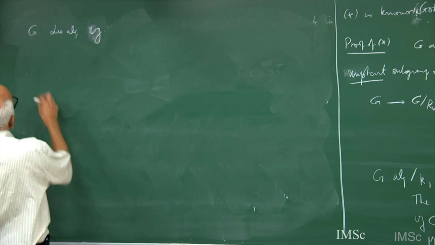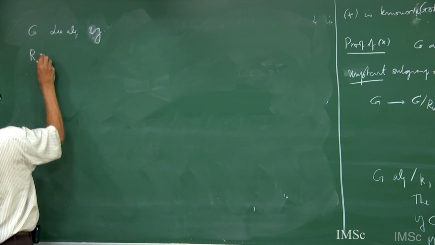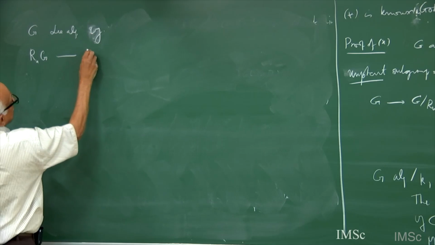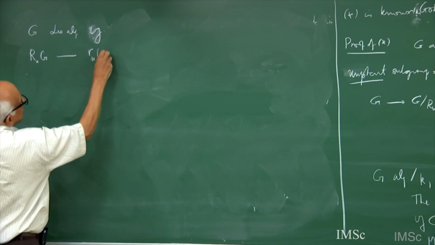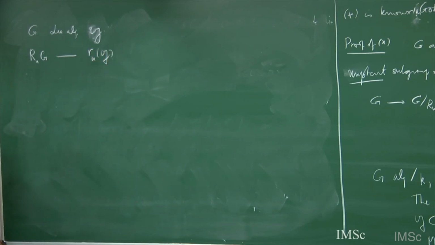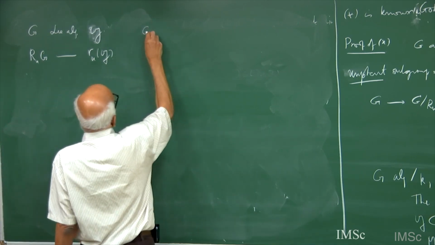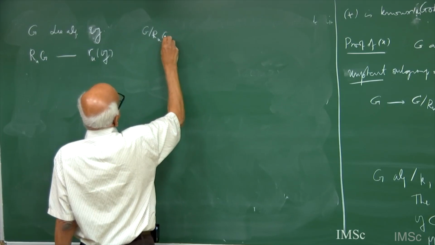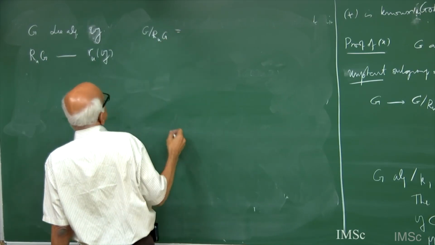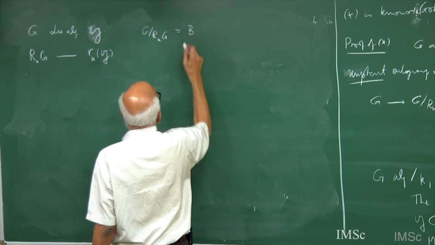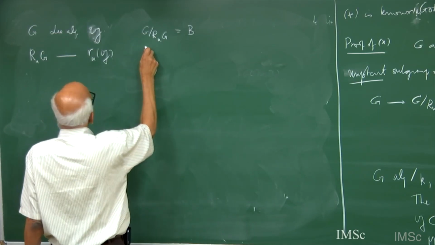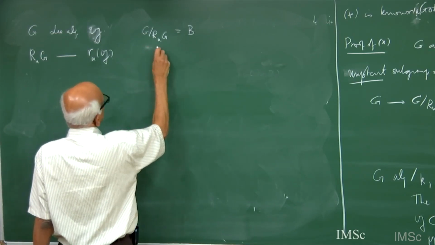And you have RUG, and for the Lie algebra, RU. And let me denote G modulo RUG, a group which I'll call B, and its Lie algebra I'll denote by b.